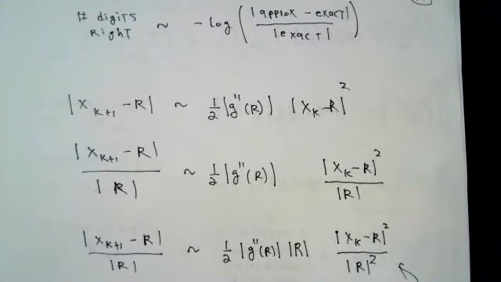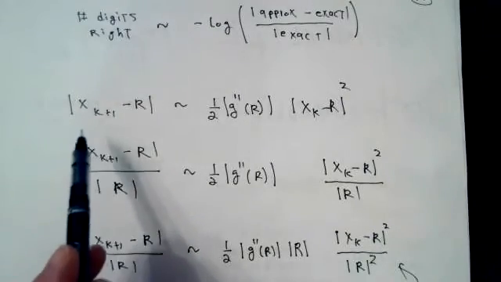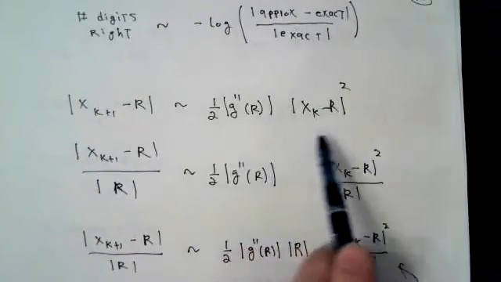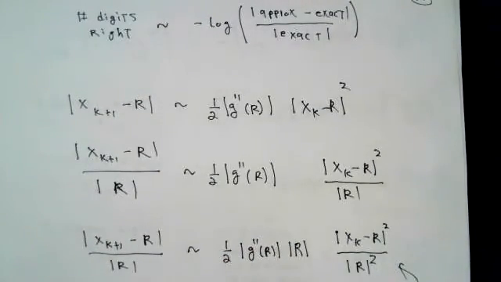So now I'm ready to think about Newton's method. In Newton's method, in the agreeable situation, the error at the new step is roughly given by this formula. Divide through by absolute value of r, and now I have a problem here. I want to relate the relative errors between the two iterations.